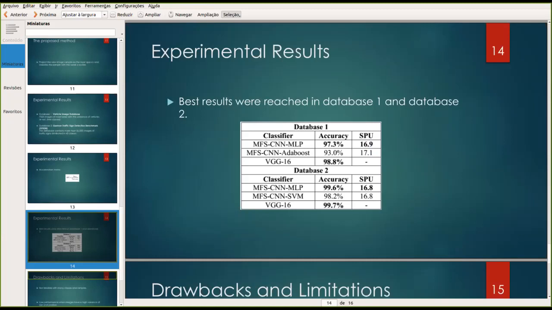The best results in databases 1 and 2 can be seen on the screen.